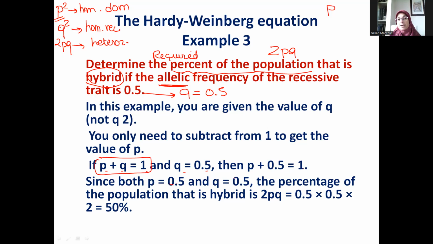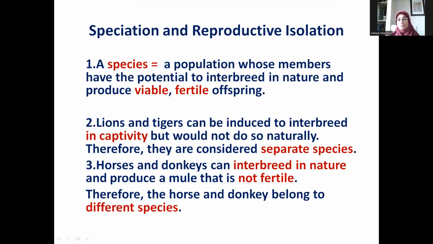And since both p and q are equal to 0.5, it's easy to calculate what is required, which is 2pq. We multiply 2 by 0.5 and then by 0.5 again, and we get 50%. This is the percentage of hybrid individuals.